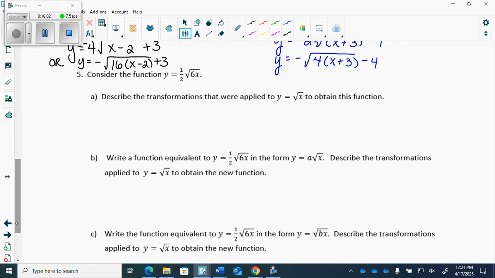Try number 5. We have to describe the transformations and we're going to write them thoroughly. So we have a vertical stretch, because we're going from our equation to words. Y's always stay the same, but x is too crazy. Vertical stretch by a factor of 1/2 about the x-axis.